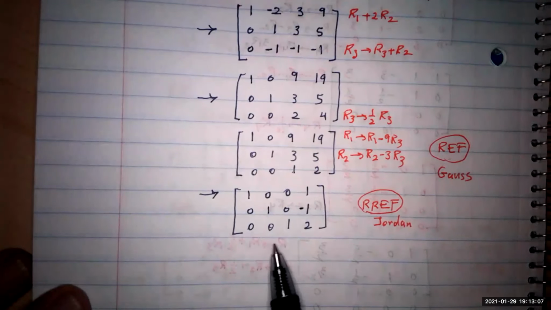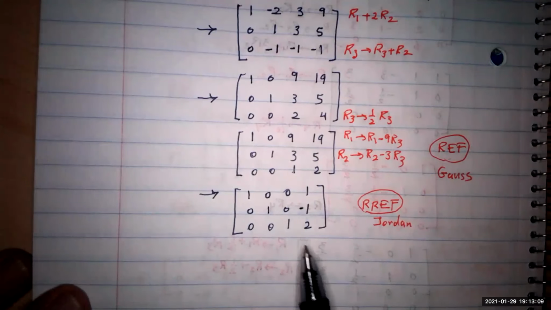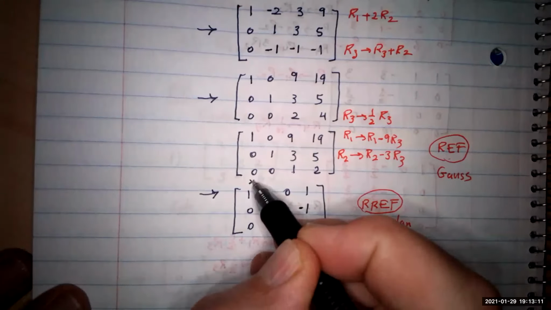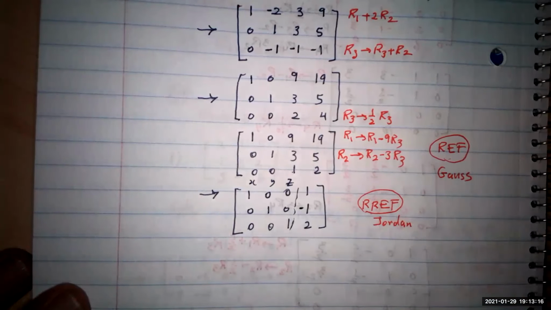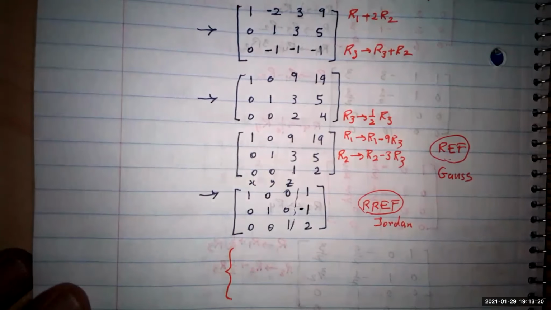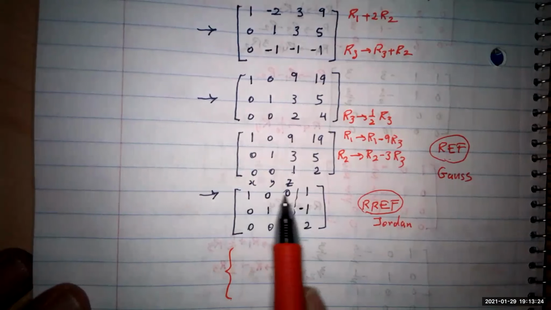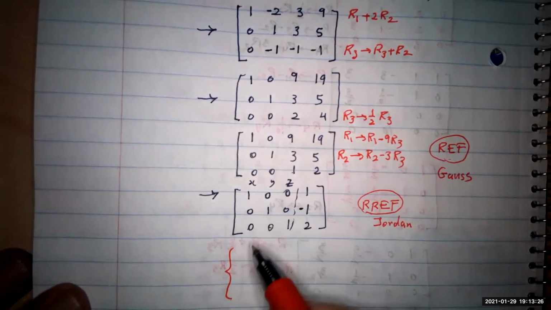Now you know it. You can find it quickly, because that represents the x, the y, the z, and the constant. So you read it from the system. From the first one, 1x equal to 1, so x equal to 1.